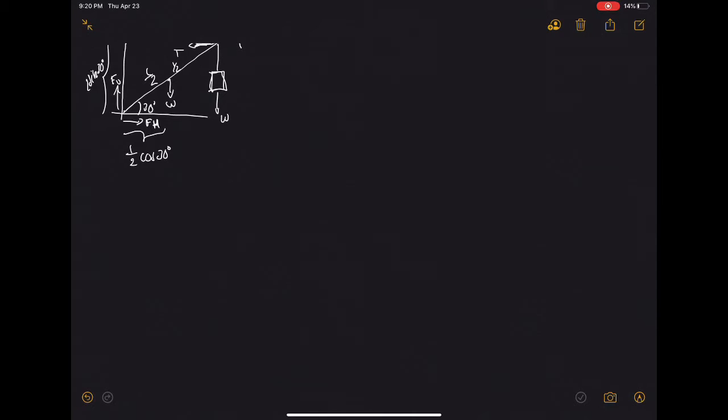Okay, so first the sum of the forces in the y direction is equal to 0. In the vertical direction we have FV positive and 2 negative W's. If we simplify a little bit, we have FV equals 2W.